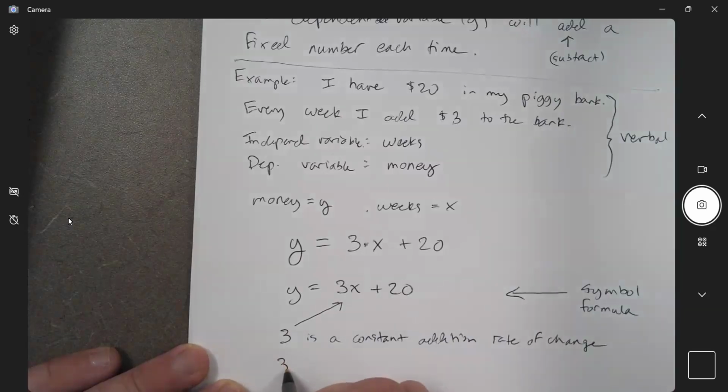And if you haven't seen it be defined before, we call it the slope of the linear function.